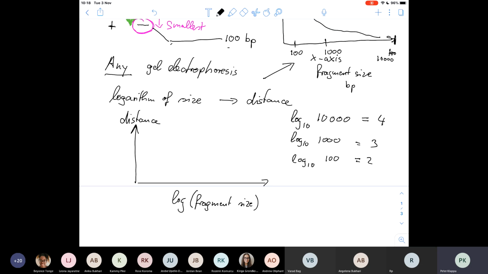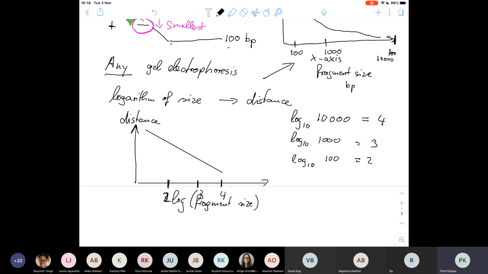So if we had a logarithmic scale with 2, 3 and 4, we would get a nice straight line.